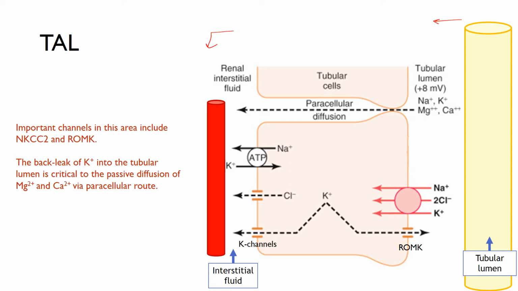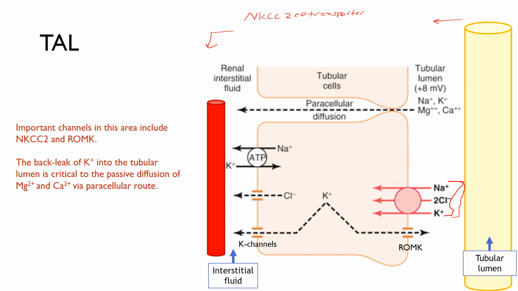As I mentioned on the previous slide, the function of the NKCC2 co-transporter is vitally important for the reabsorption of solutes in the thick ascending limb. It is depicted here on this graphic at this location. Kind of a wonky looking line there.